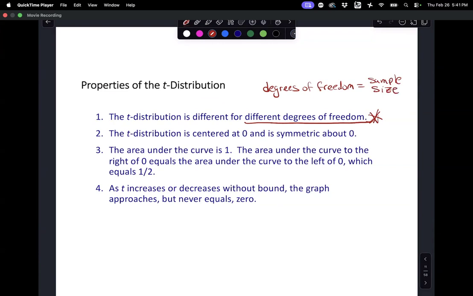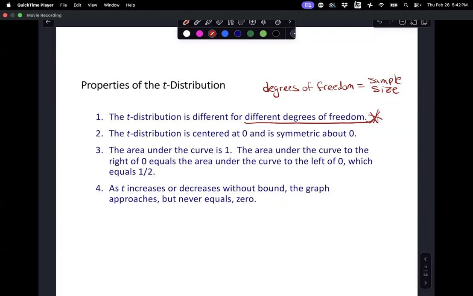So every time I say degrees of freedom, think sample size. Our t values are going to be different for different sample sizes. The t distribution is centered about the mean, or about 0. It is symmetric. The area under the curve is 1, just like it is with z.